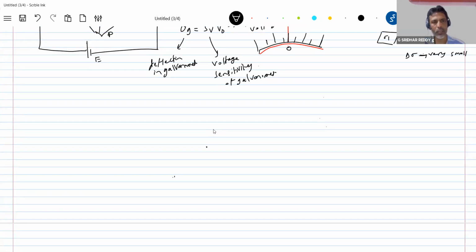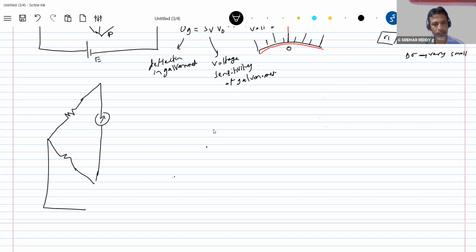Now let's go for the next circuit. Same galvanometer, I kept it. This is the cell. I define the sensitivity of the bridge. So this is what we have: P, Q, and this R. Slightly, I'll make a change in R. What do we expect here?